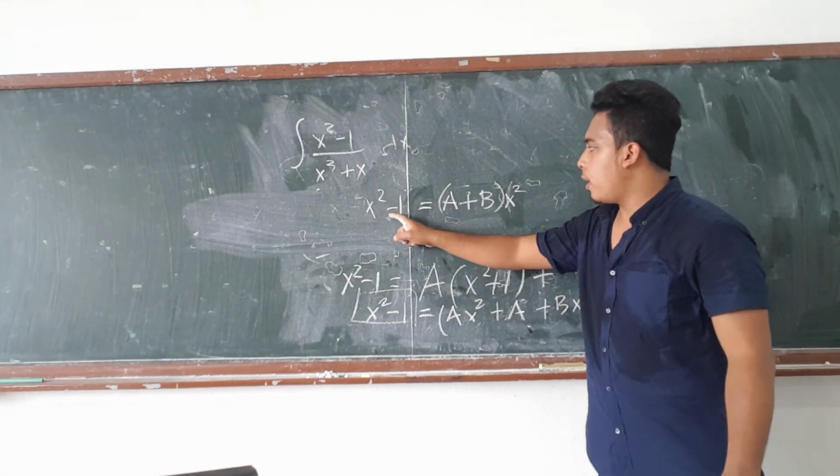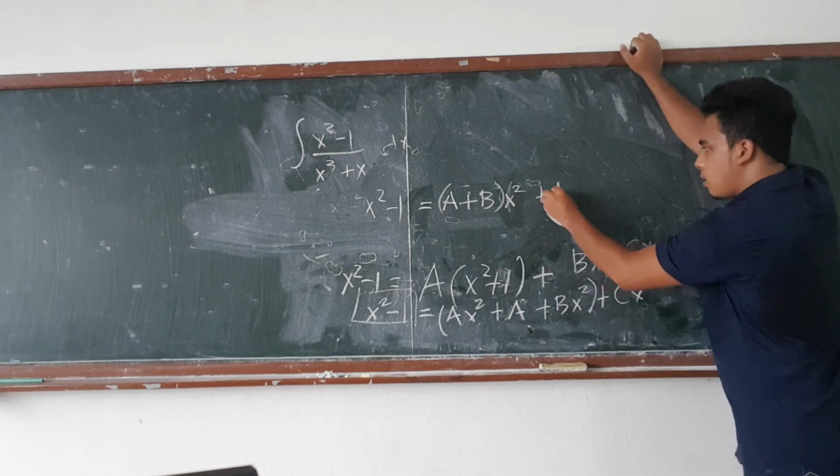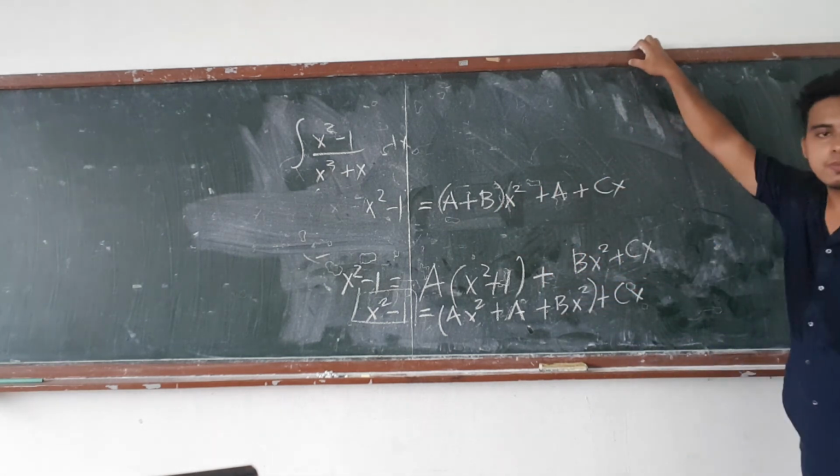So x squared minus 1 is equal to a plus b x squared plus a plus cx.